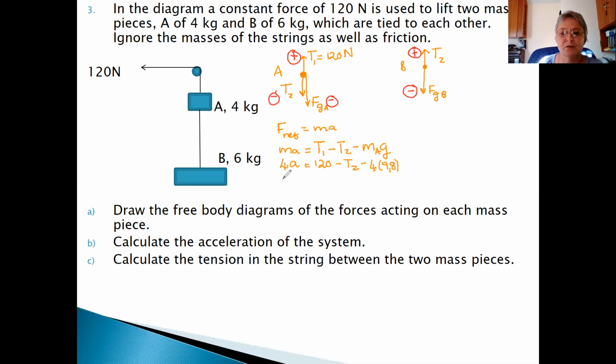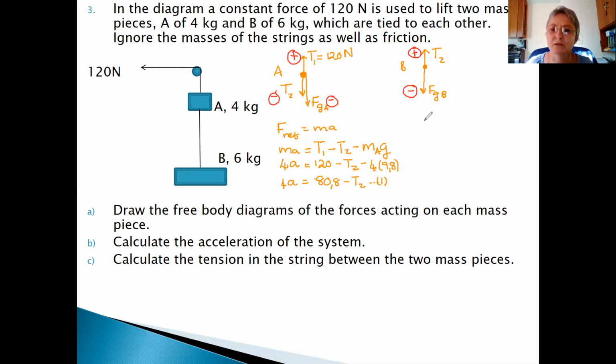So we get our first equation, 4a equals 120 minus T2 minus 4 times 9.8, that gives us 39.2. So 80.8 minus T2 forms our first equation.